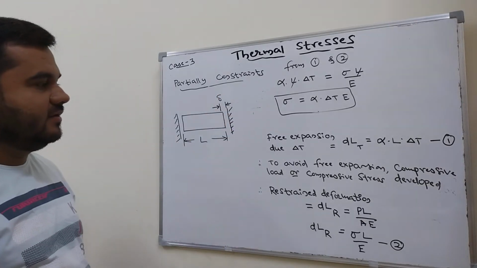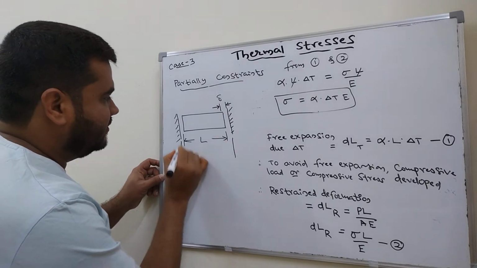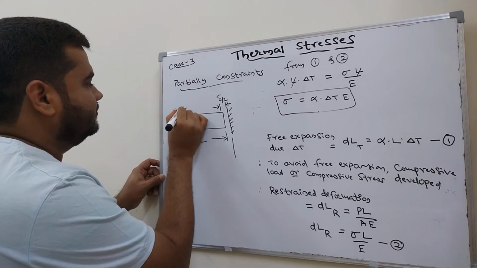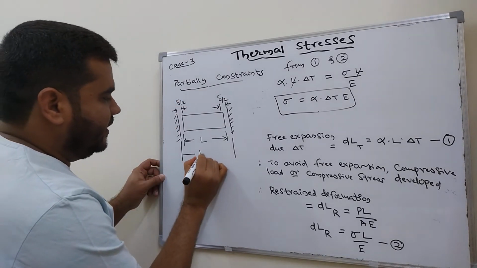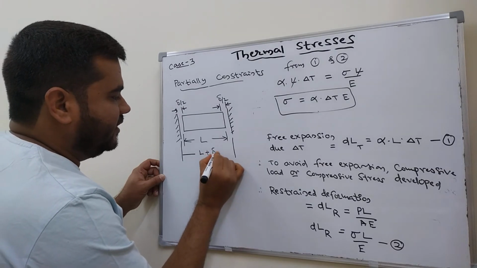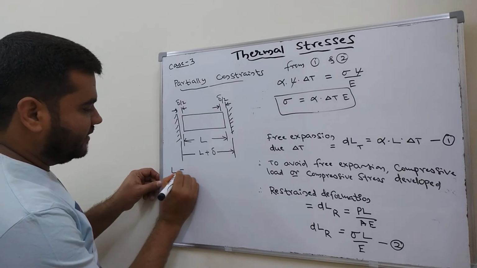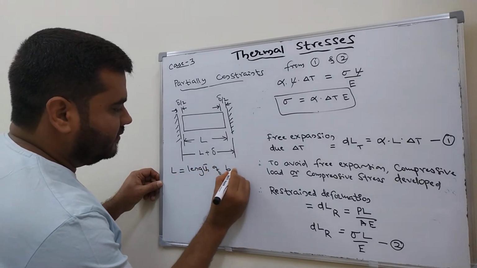From here to here, how much is the distance? This is delta by 2 and this is delta by 2. So total L plus delta here. L equals the length of the bar, which we know.